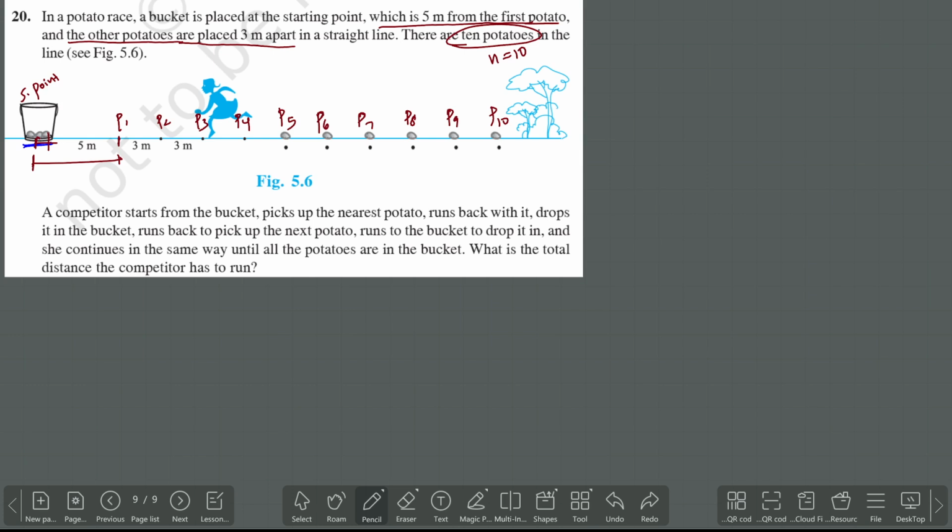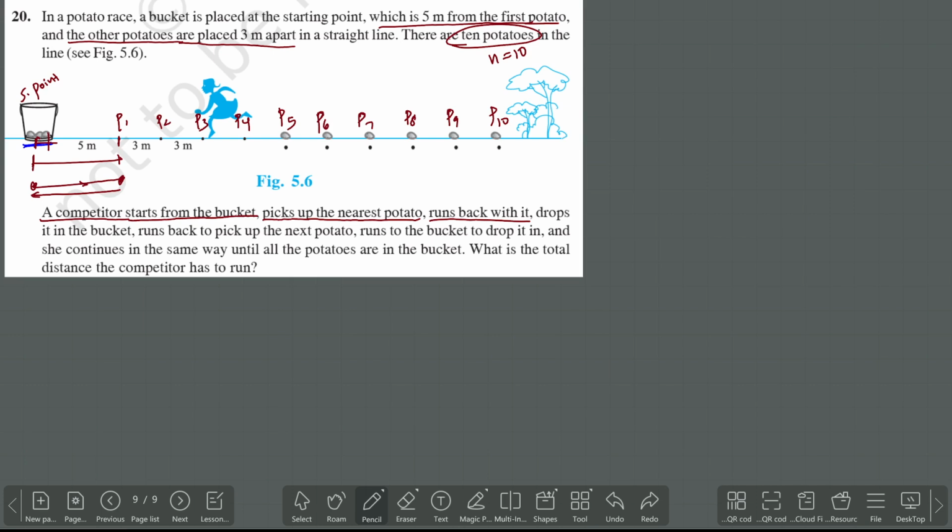Now what is the condition they are telling? You see, a competitor starts from the first bucket. They have to start from the bucket, here. Picks up the nearest potato. Then which will they pick up? The first potato they will take. Am I right? Runs back with it. After taking potato number 1, they have to run and come back again.